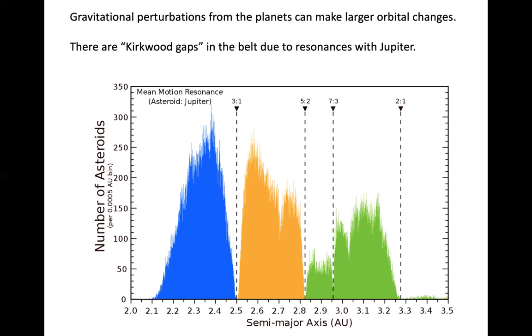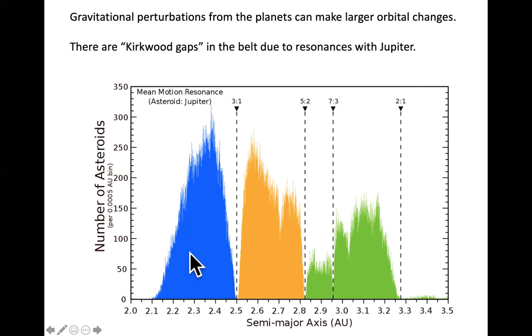Take an orbit that's initially circular and avoids all of the other planets and give it a significant eccentricity. Since Jupiter is really massive, it's good at doing this. And so if you have an orbit that starts just outside of the Kirkwood gap and push it into that gap, all of a sudden its eccentricity will grow.